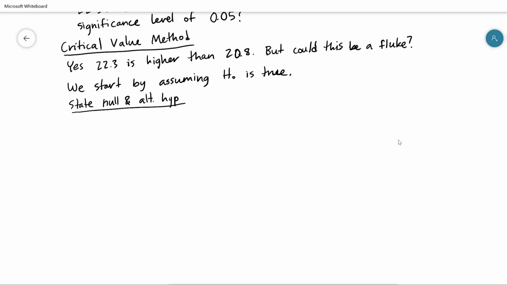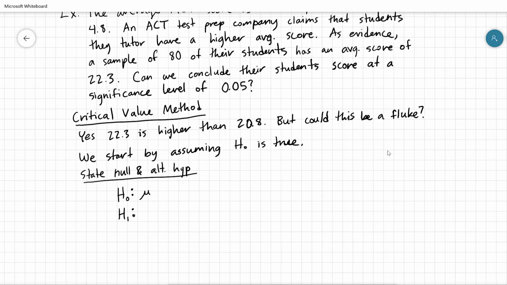So let's do that right here. This is something that we should have gotten a little practice with in the last section. So here's my null hypothesis and alternate hypothesis. We've got to decide what they are. The null hypothesis, again, is that the answer to the question that's asked is no, that their testing service doesn't do anything. It doesn't help at all.